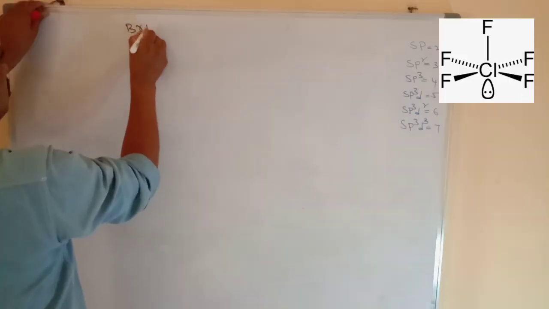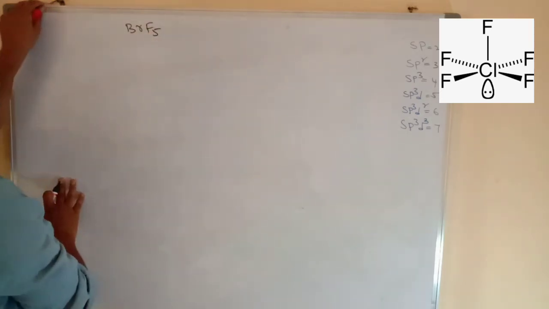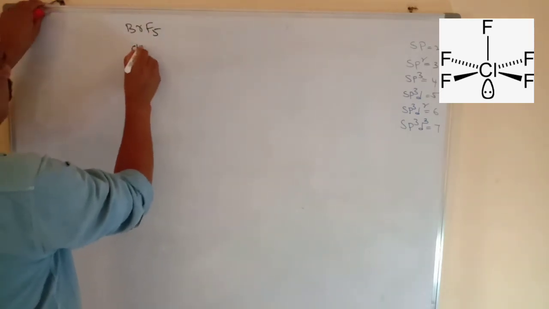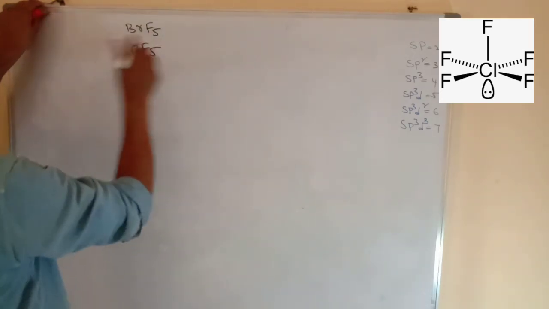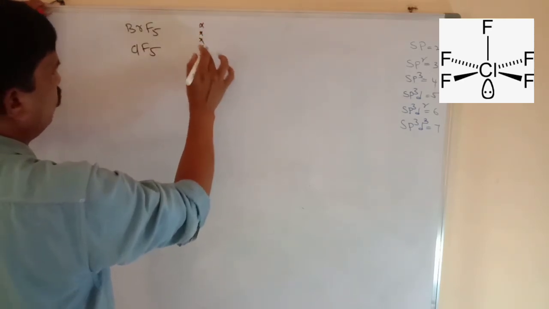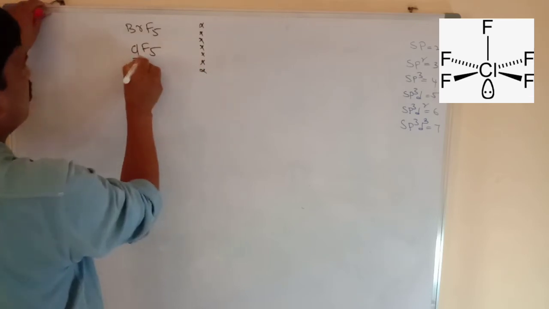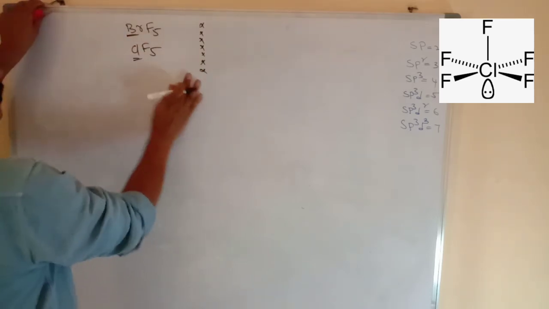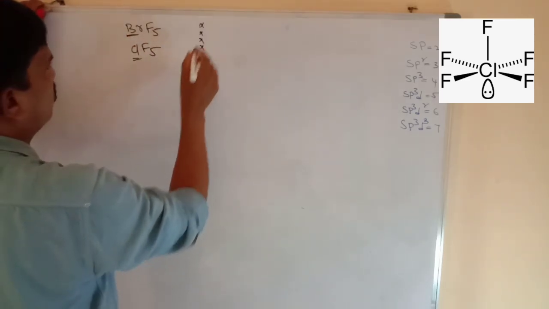BrF5, for example, is an interhalogen compound. Or ClF5; both are the same, only here it is chlorine and bromine. Bromine and chlorine belong to the 7th group: 1, 2, 3, 4, 5, 6, 7. The central atom is bromine here, and chlorine there, so 7 dots.